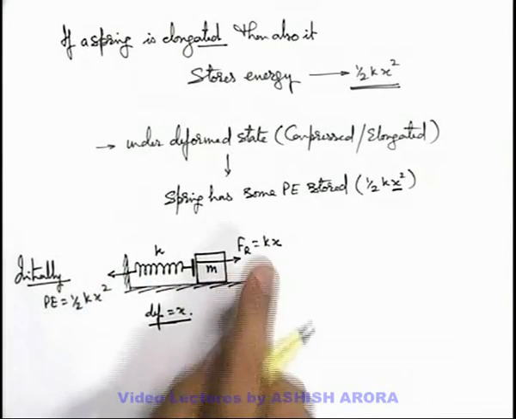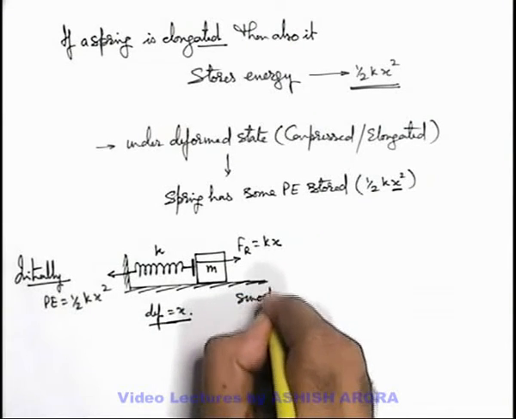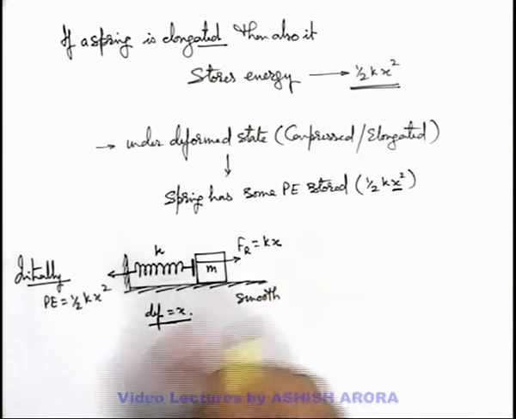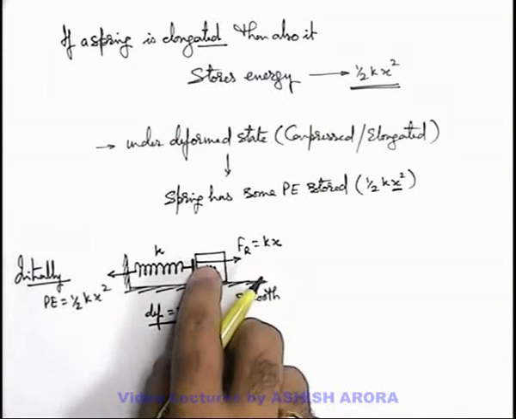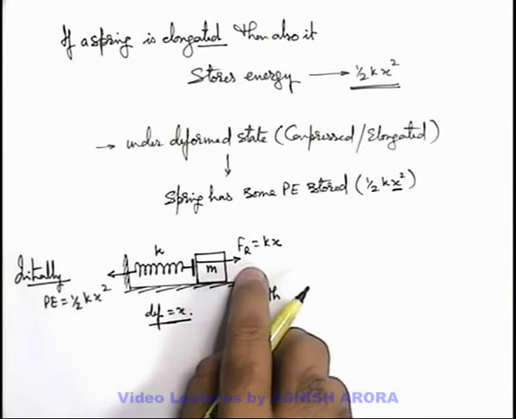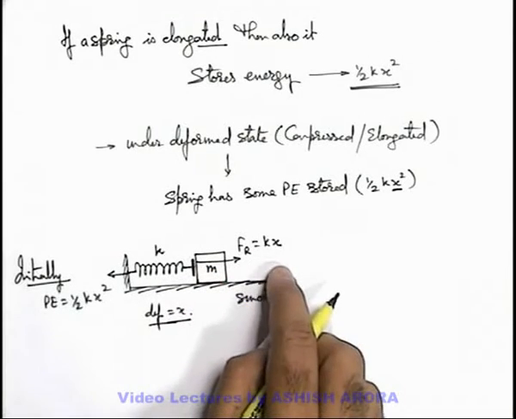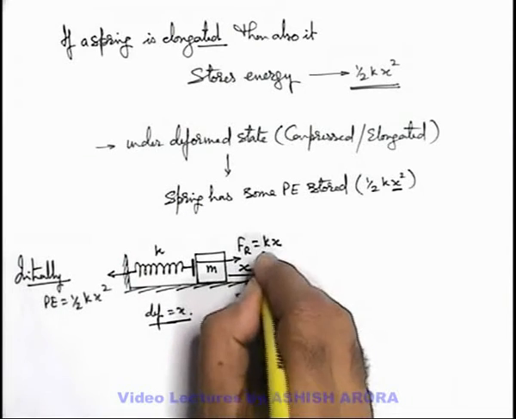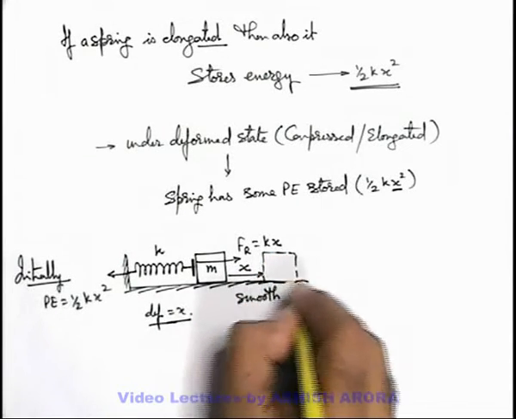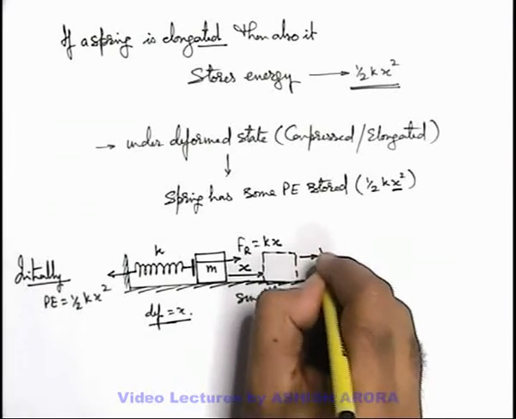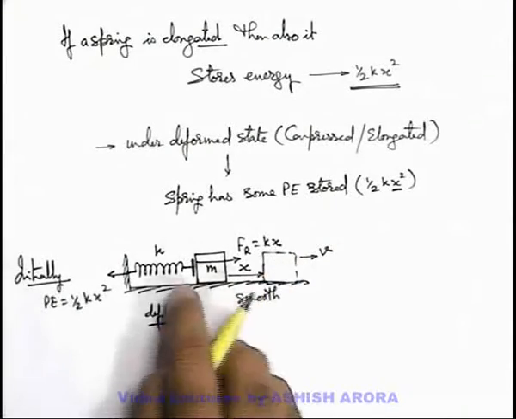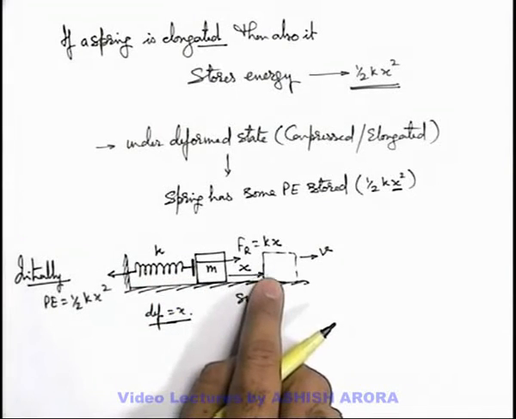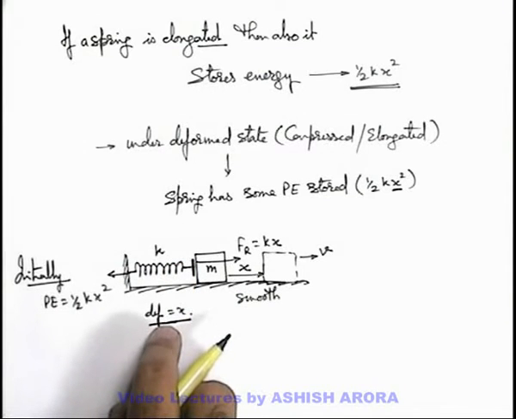Now due to this force, if the ground is smooth, on releasing, the block will start moving toward the right. Because of this force the block will accelerate, gain some speed, and gain some kinetic energy. When it is displaced by distance x, the block will gain some speed v, and the spring will be in its natural length, because earlier the spring was deformed by x.